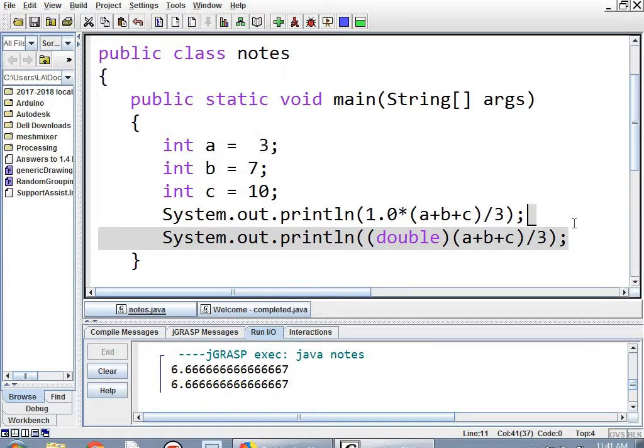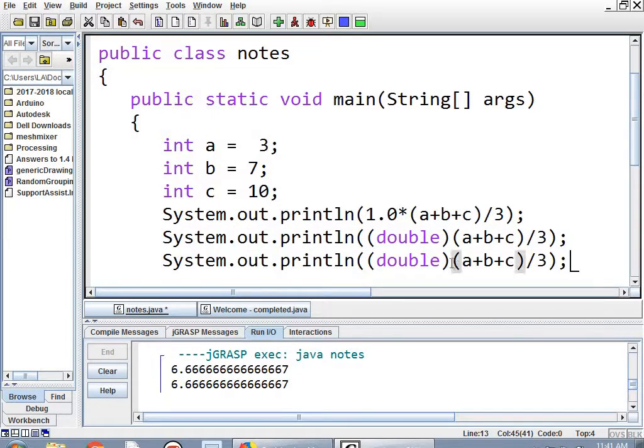These are all forms of casting. Another way to do it, similar to the 1.0 way, is just to say 3.0. If you divide by a double, you have to think about where you're losing the decimal. You're losing the decimal when you take an integer and divide it by an integer.